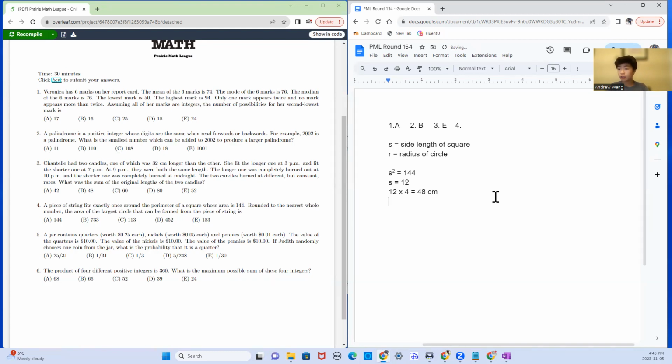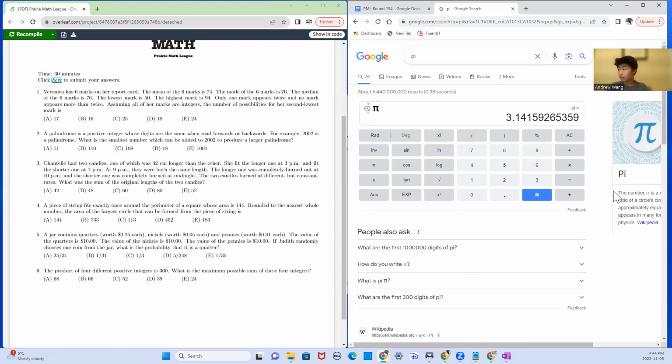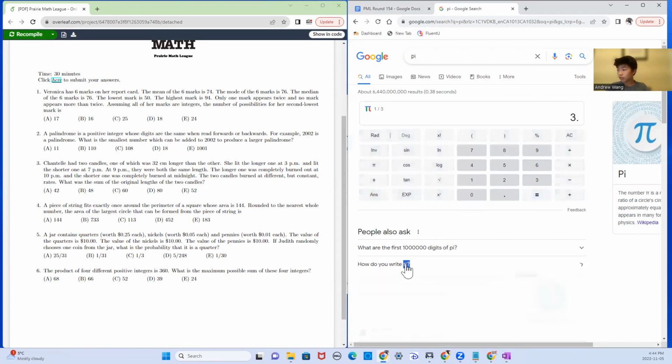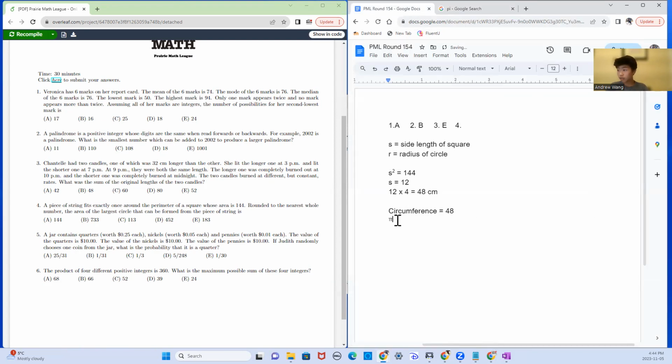Now we're trying to find the largest circle that can be formed with the piece of string. Since the string will be surrounding the circle, the circumference of this circle will equal 48. You can calculate circumference as 2 pi r, which equals 48.